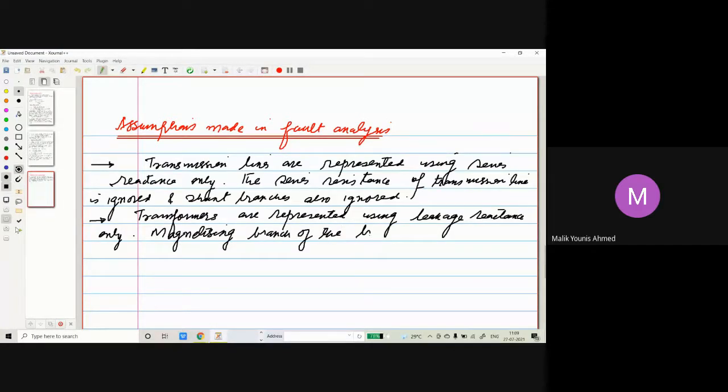And also phase shift due to star delta configuration is also ignored.